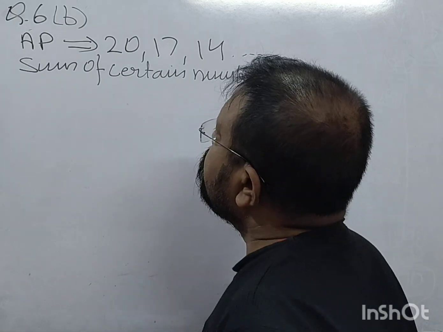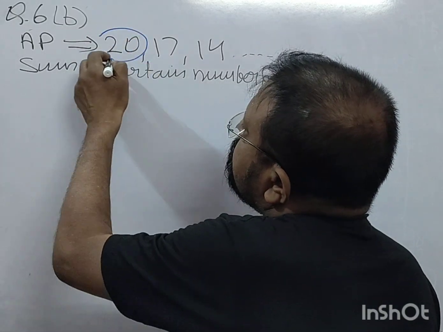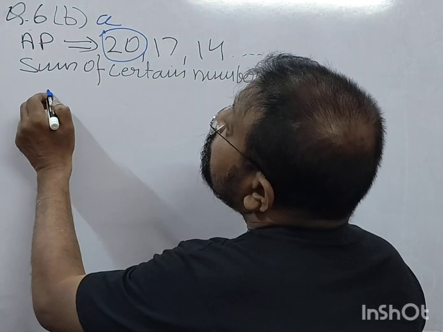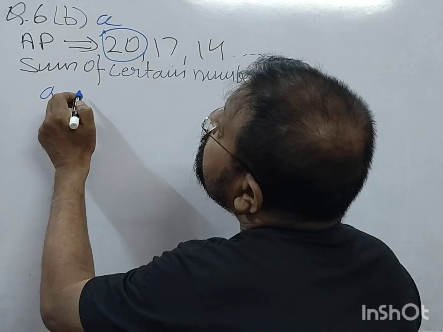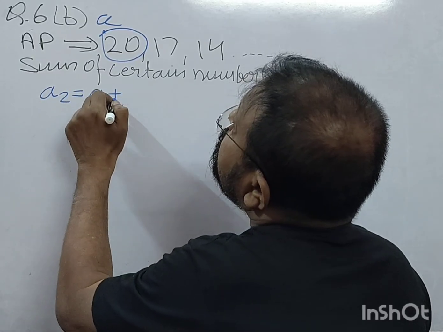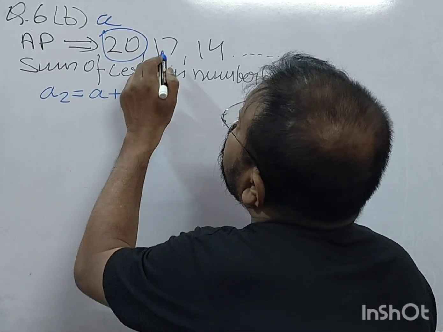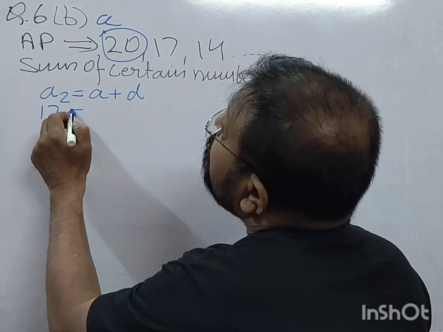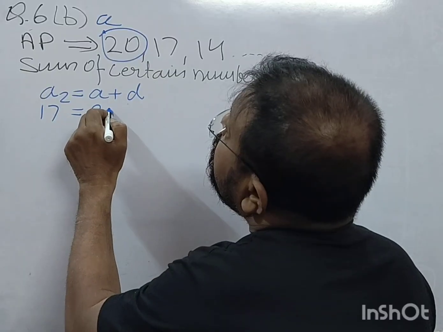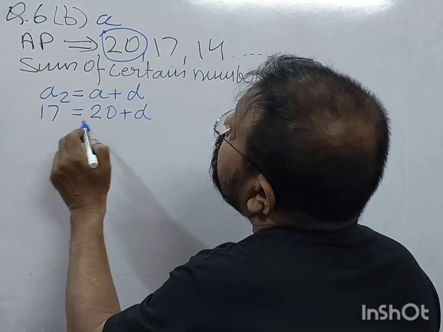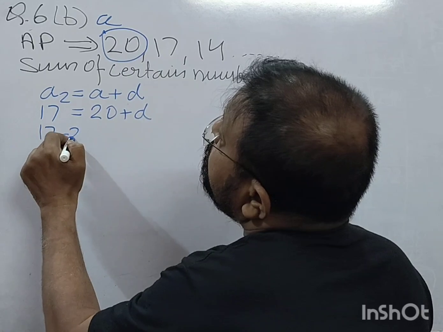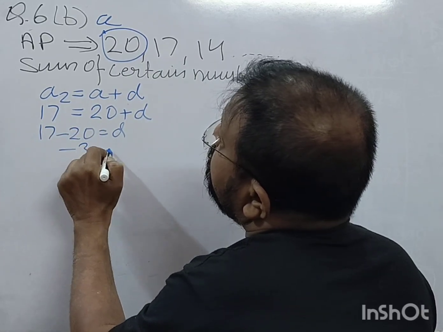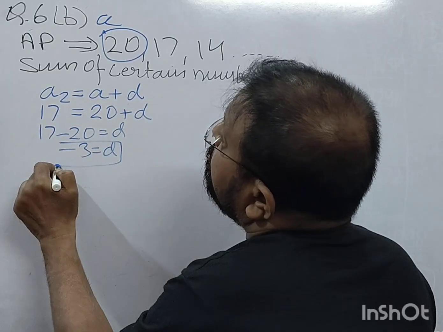Okay, so this is A, right? So A2 is A plus D. A2 is 17 is equal to 20 plus D. So you get 17 minus 20 becomes D. So minus 3 is equal to D. You get it?